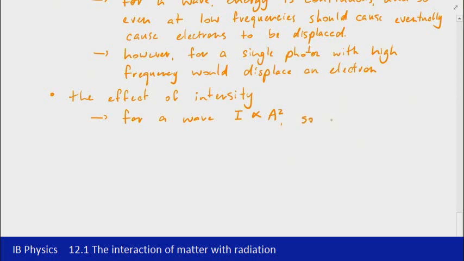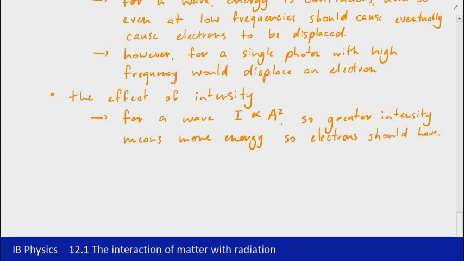So a greater intensity means more energy, and so we would expect electrons should be emitted with more energy. The electrons should have more energy when they're displaced.